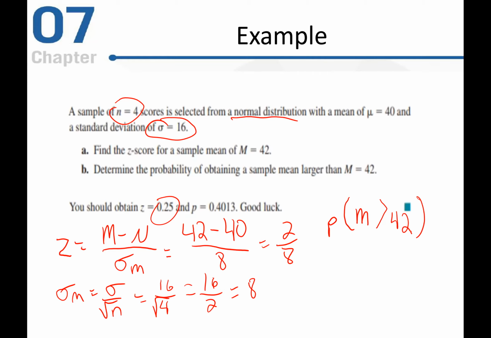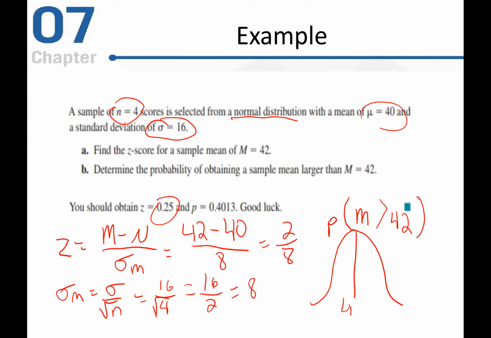All right. So in this one, we've already converted this into a z-score, and the z-score is 0.25, right? So if we drew a distribution, we put the population mean.